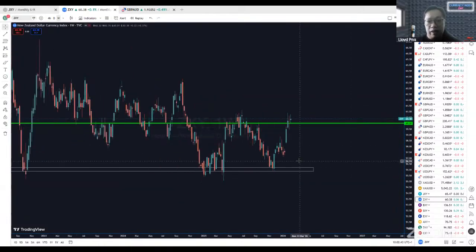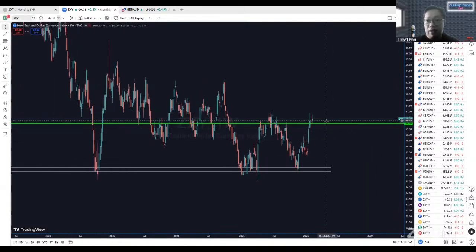Now the Kiwi index, although I use round number 60 as my horizontal level, is a very nice psychological level in fact. But I cannot ignore that Kiwi in the past is still very messy in this zone. I have to admit that this is not a very nice psychological level to deal with.